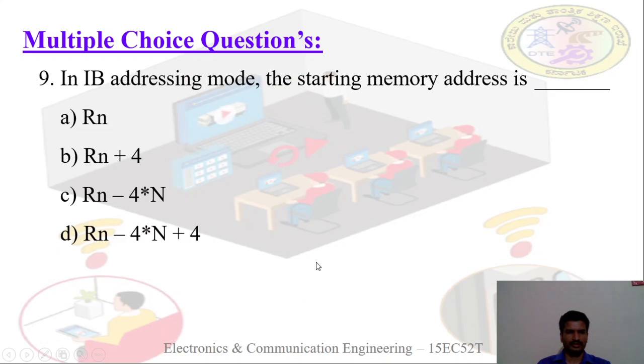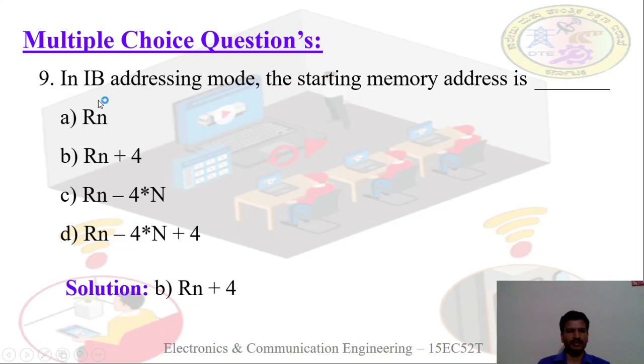Next question is, in IB addressing mode, the starting memory address is dash. A Rn, B Rn plus 4, C Rn minus 4 into n, D Rn minus 4 into n plus 4. The answer is Rn plus 4.